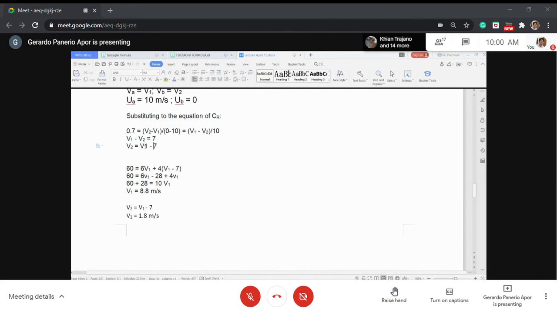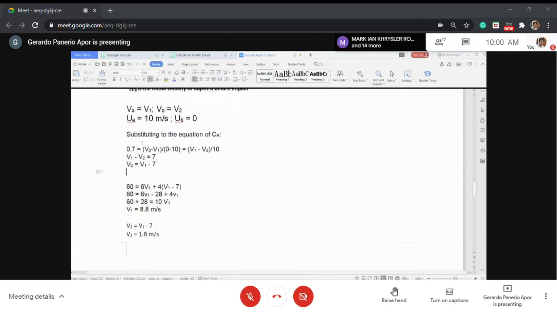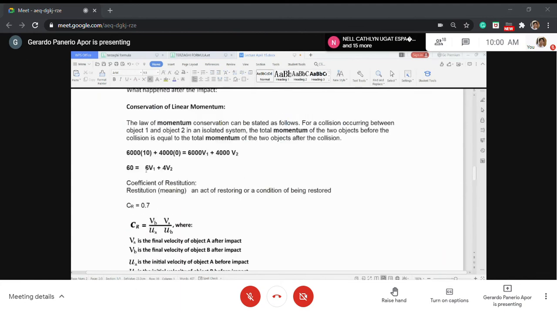This comes from the equation of the coefficient of restitution. The next step is we substitute V2 into the equation formulated by the law of conservation of momentum.